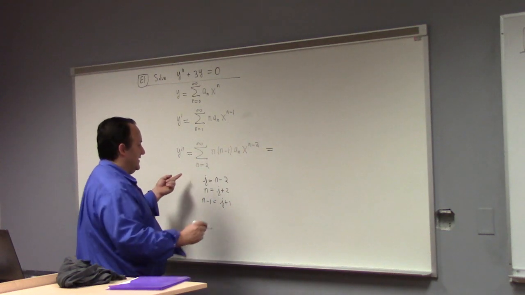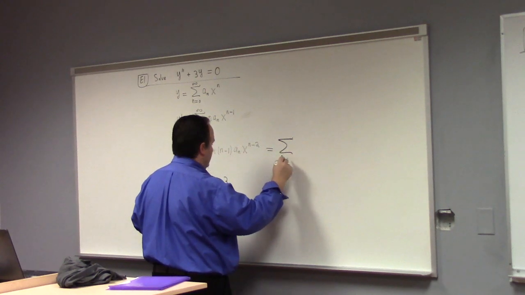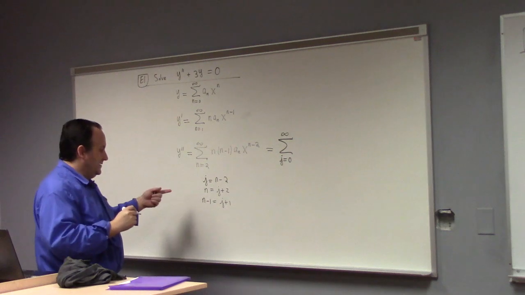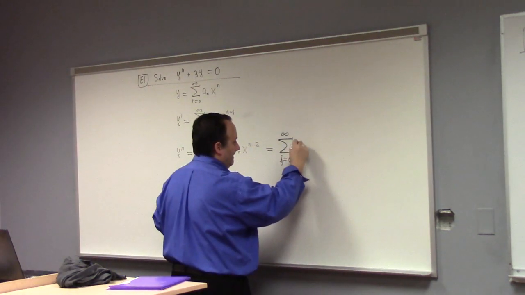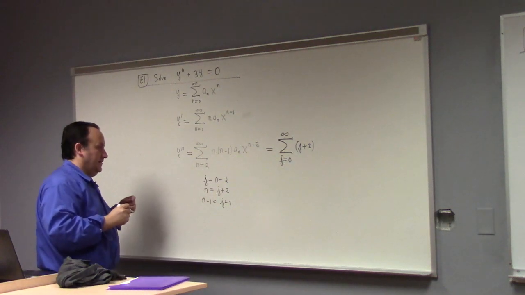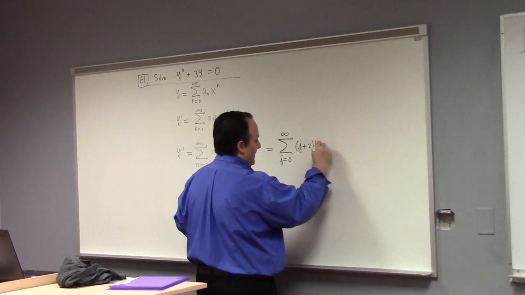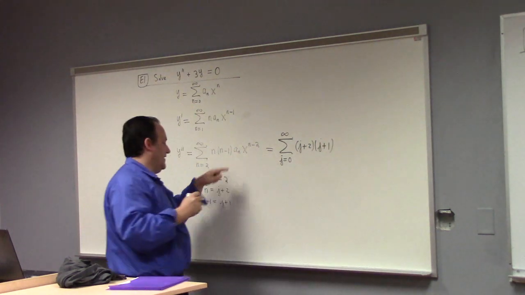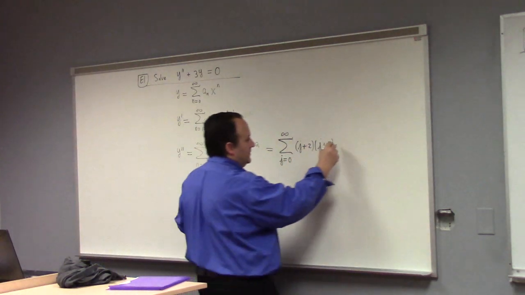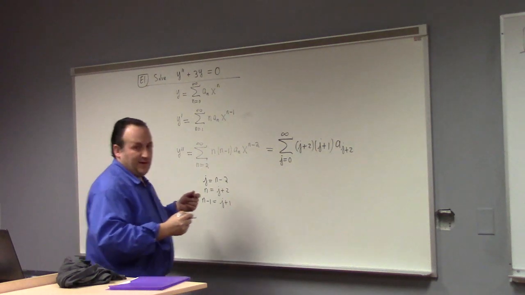If I change the index like that, this becomes the summation j equals 0 to infinity. My n is j plus 2, and my n minus 1 is j plus 1. My a sub n is actually a sub j plus 2. And then I finally have x to the power j.